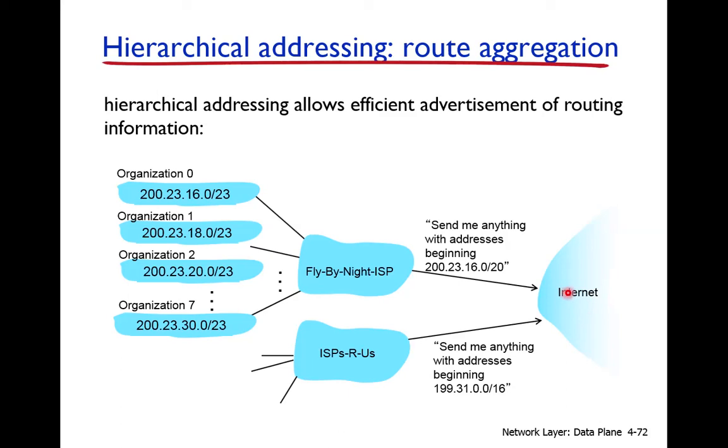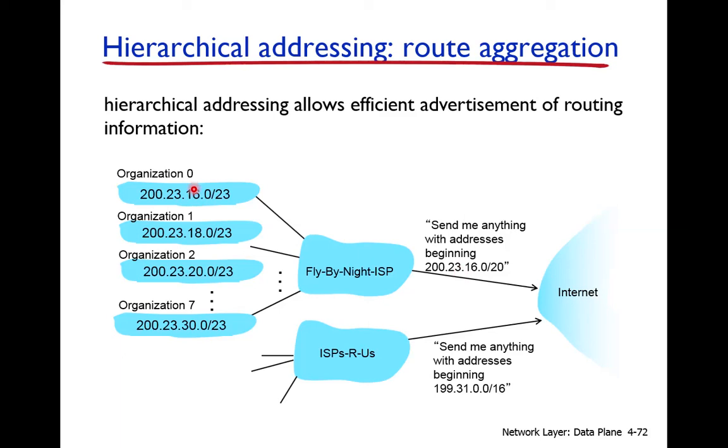If anyone from the internet wants to send data to any host with these IP addresses, the packet will first be brought to this network by using this common prefix.